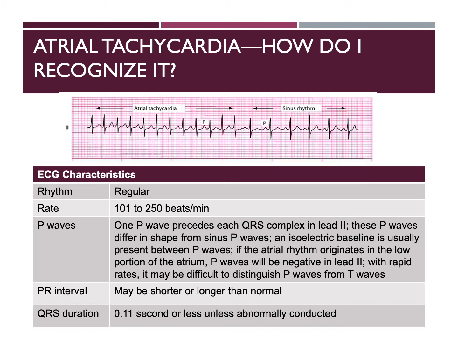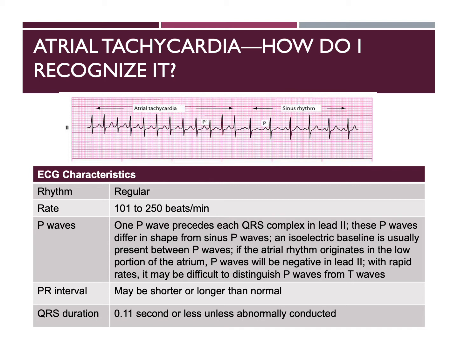So to dive in a little bit deeper, how do we recognize AT or atrial tachycardia? Paroxysmal supraventricular tachycardia ends spontaneously with the abrupt resumption of sinus rhythm. The P waves of that tachycardia, which is about 150 beats per minute, are superimposed on the preceding T wave. The term paroxysmal describes a rhythm that starts or ends suddenly.